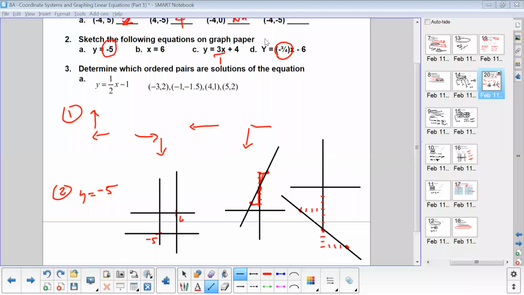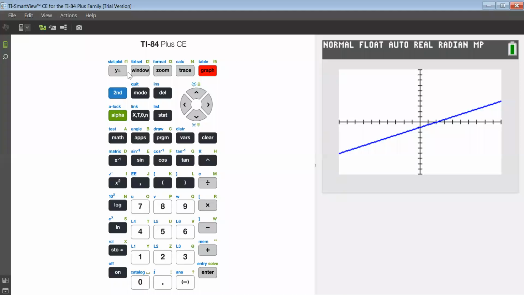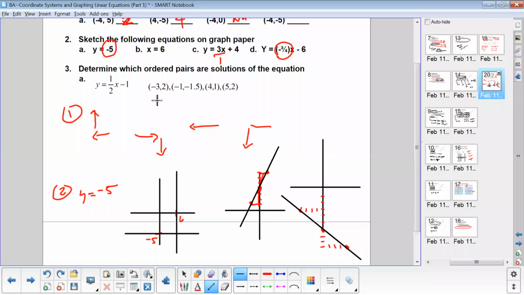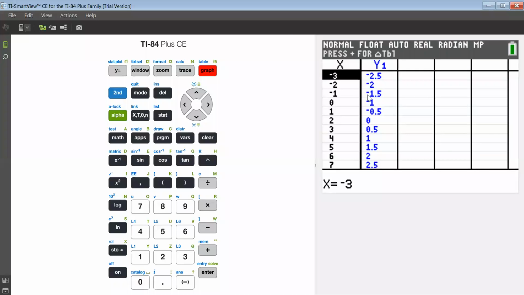The easiest way to do that is, once you've graphed it, go to second graph and start looking for those ordered pairs. (-3, 2)? Well, this says -2.5, so (-3, 2) is not going to be a solution. Now we're looking at (-1, -1.5).